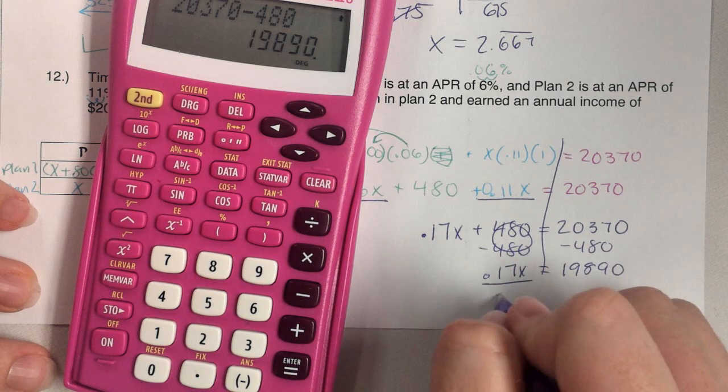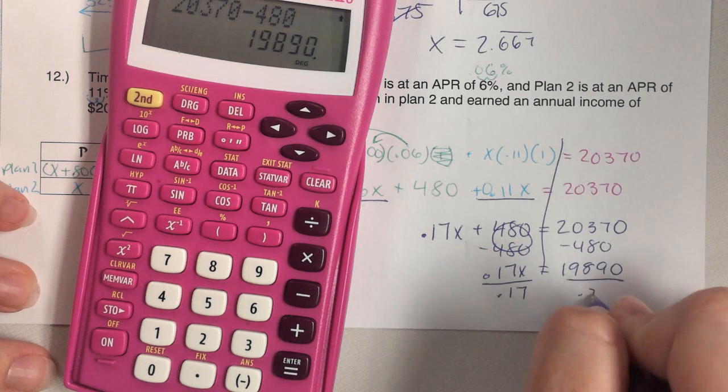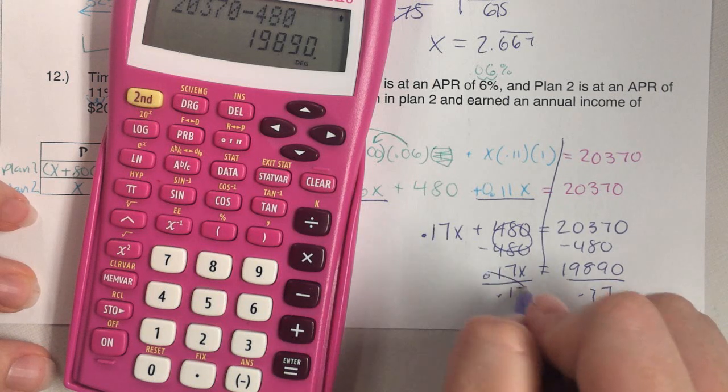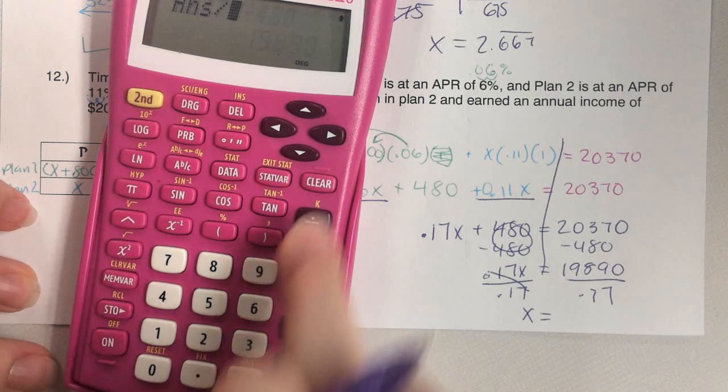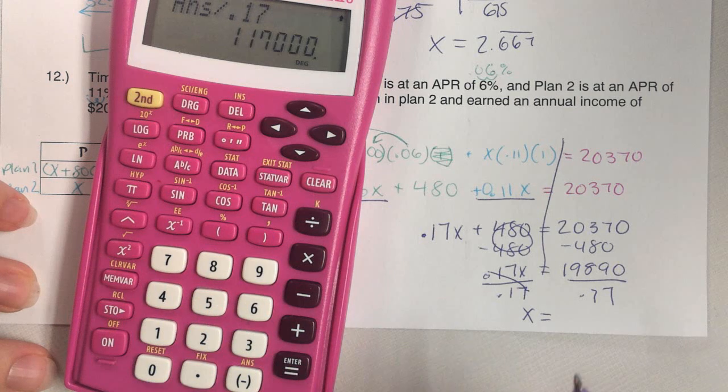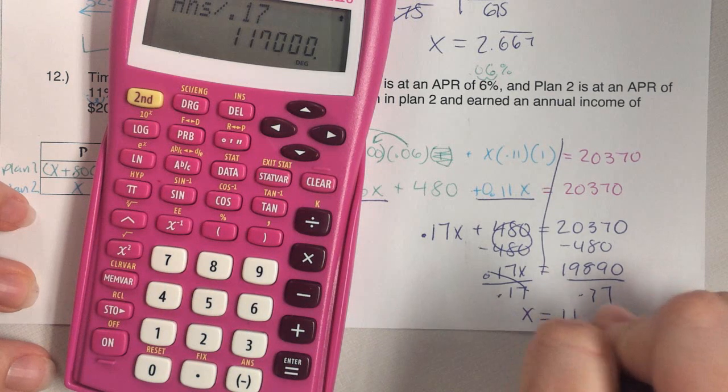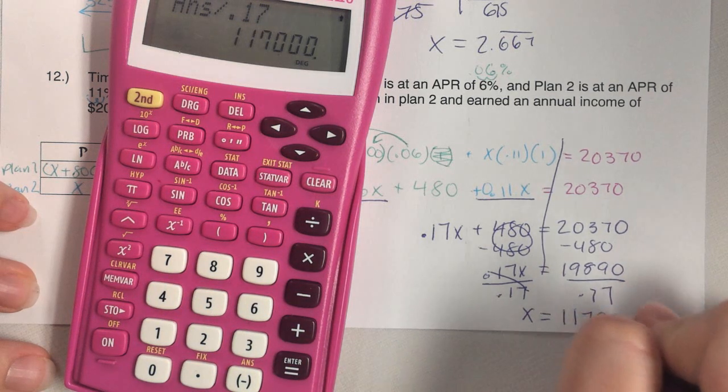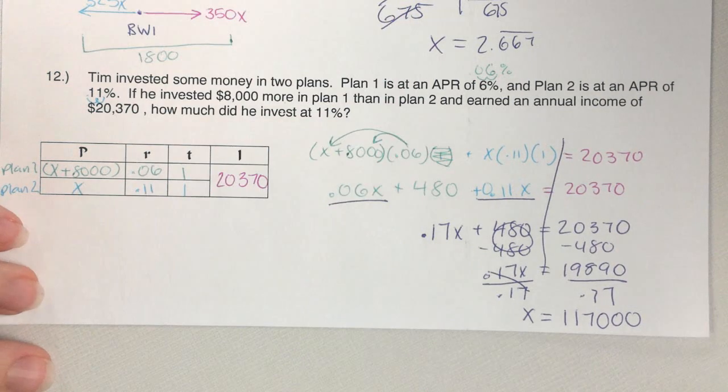And lastly, divide by 0.17. I get x equals, we'll divide this by 0.17, 117,000.